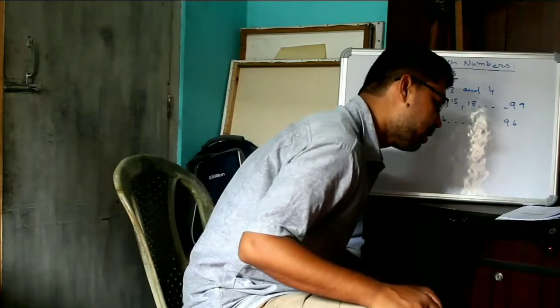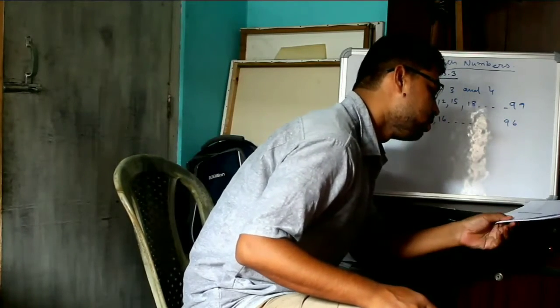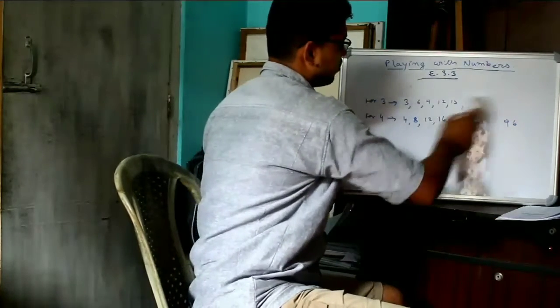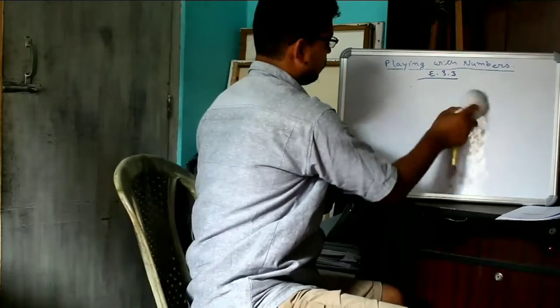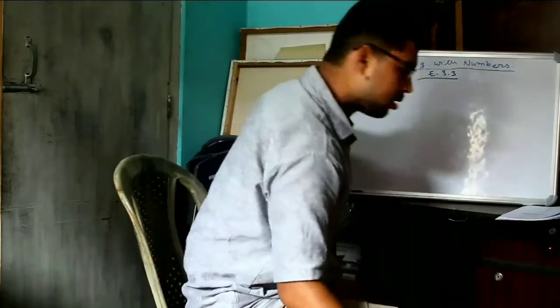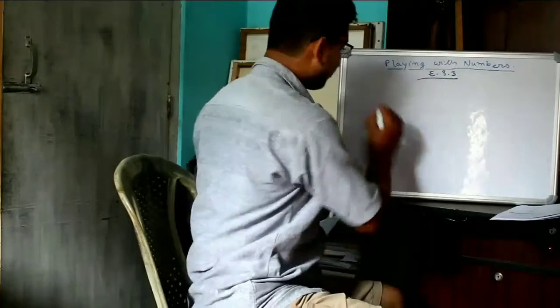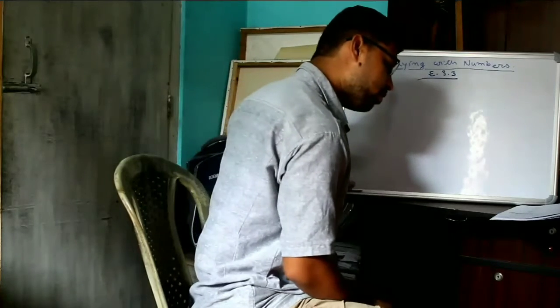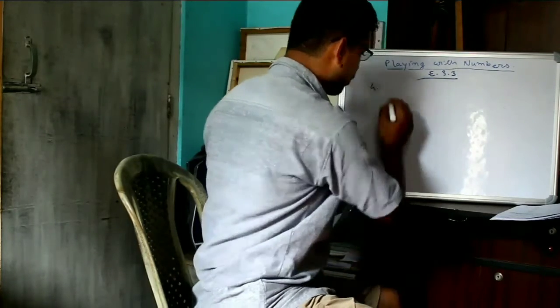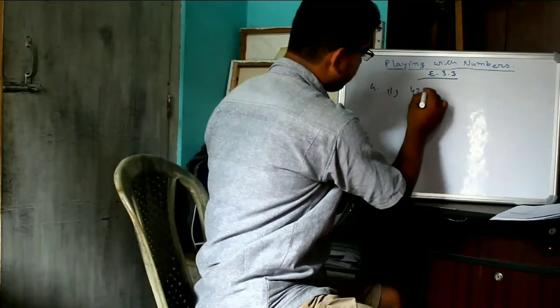Next, number 4: find the prime factorizations of the following numbers. Number 1, 420.